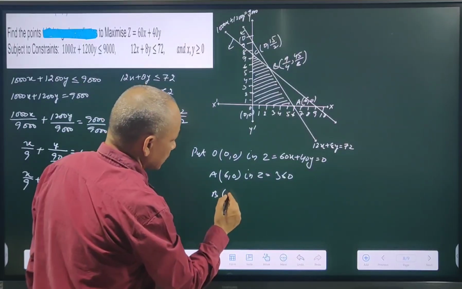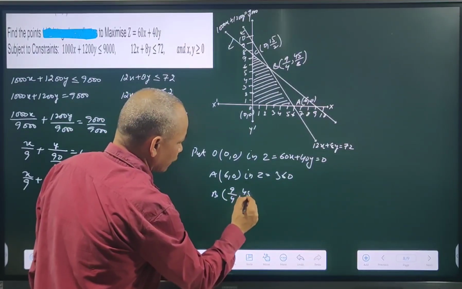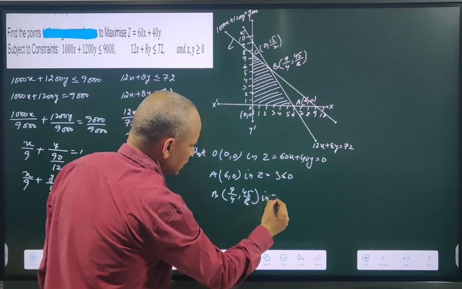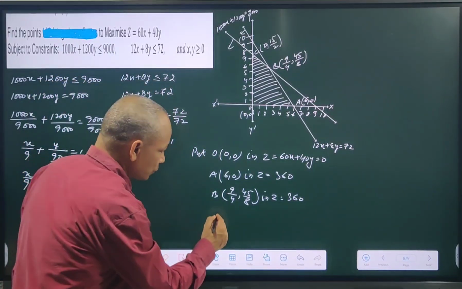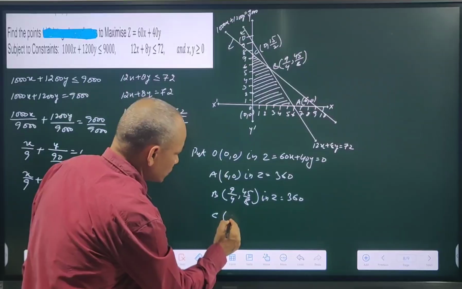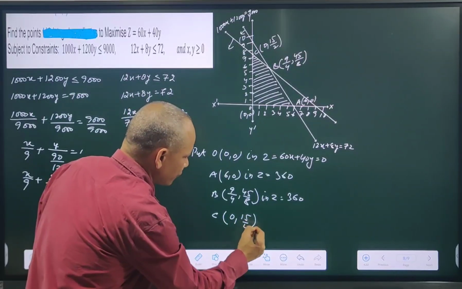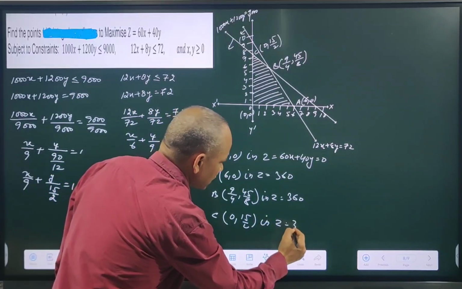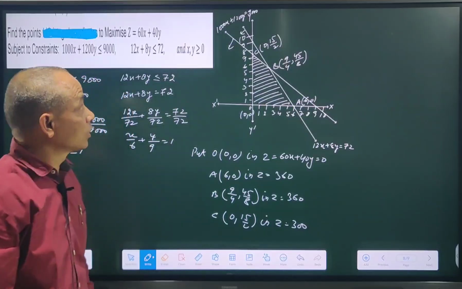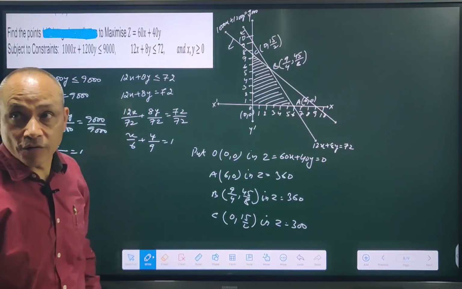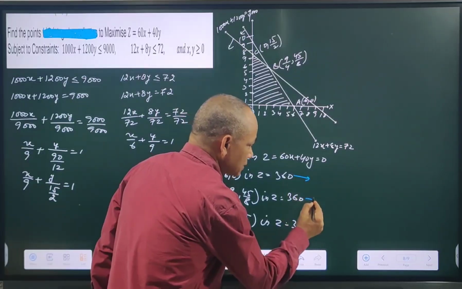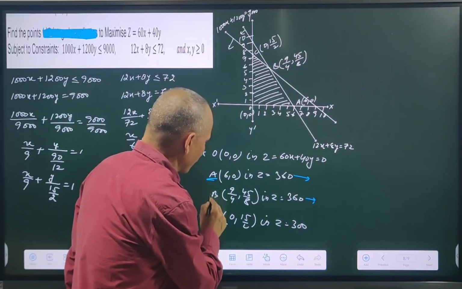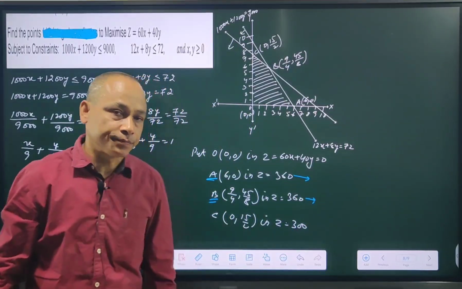Point B (9/4, 45/8) in Z will also give you 360. And point C (0, 15/2) in Z will give you 300. We have to find the maximum value of Z. So the maximum value of Z is obtained at point A and at point B.